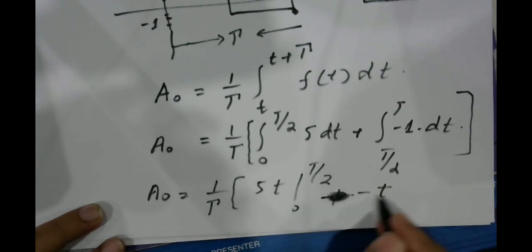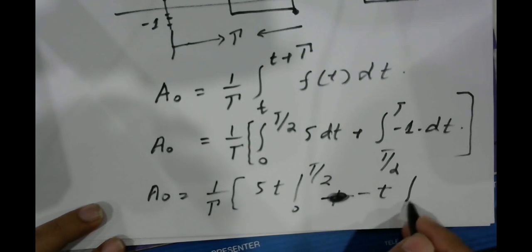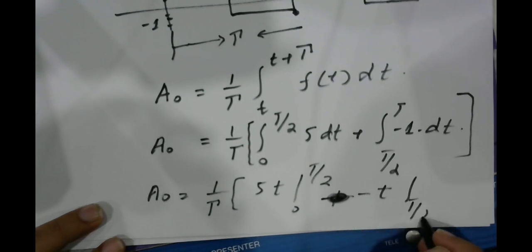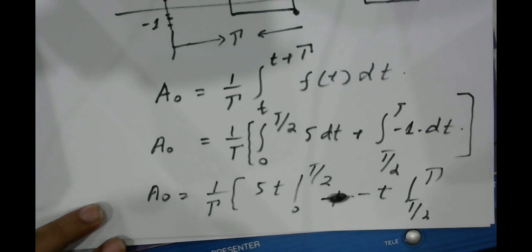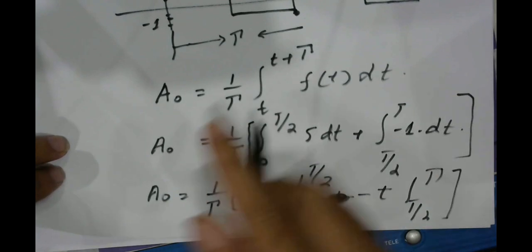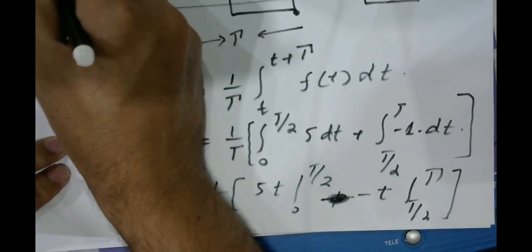Okay, this is minus t, limits from T by 2 to T. Okay, and you just apply these limits, and say this is page 2.